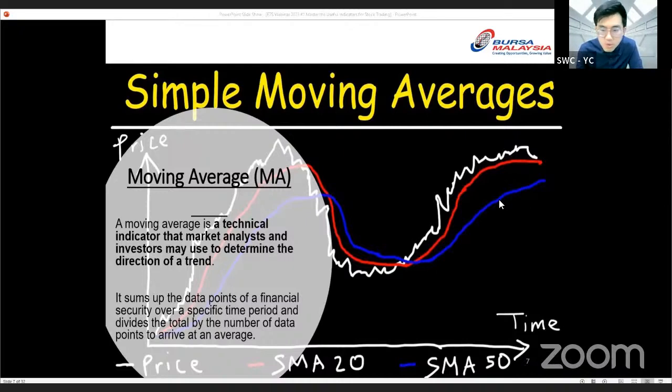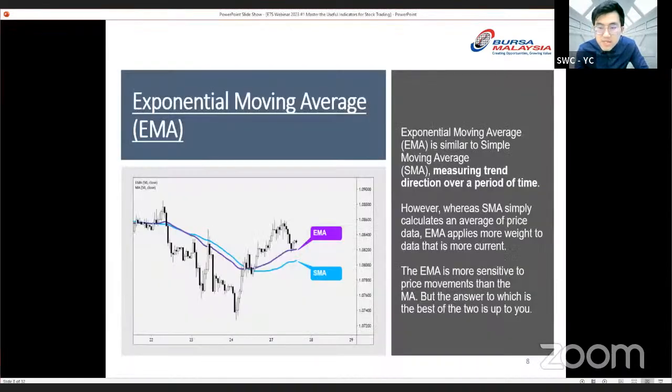Let's see the setup of it. We usually look into two types of moving averages. The first is the EMA. The second type is the SMA. SMA is the very simple one: you add up the total of the prices over that period, then divide by the total period, so it is very even.